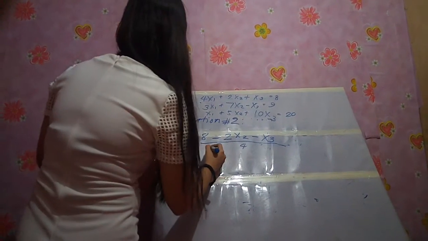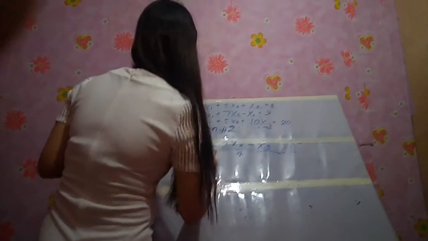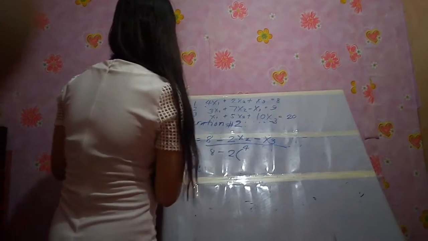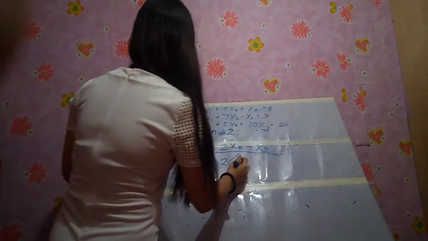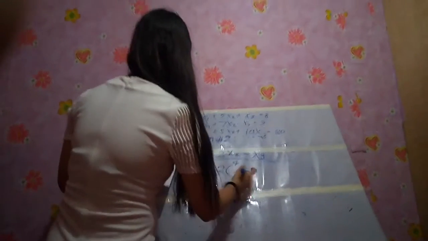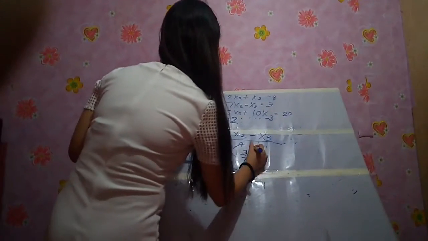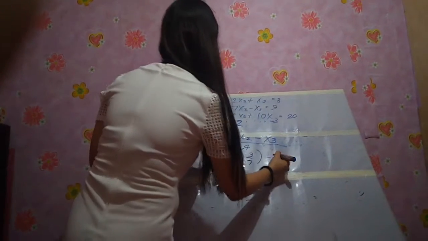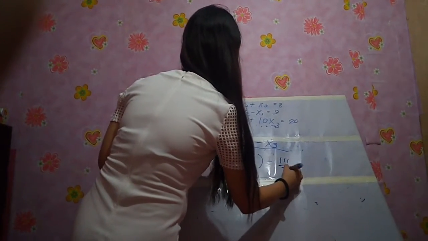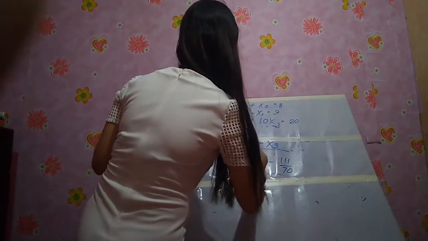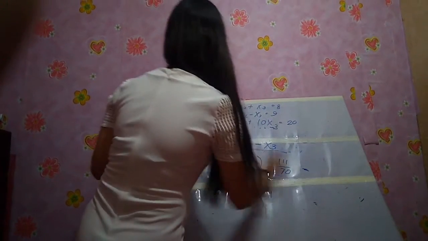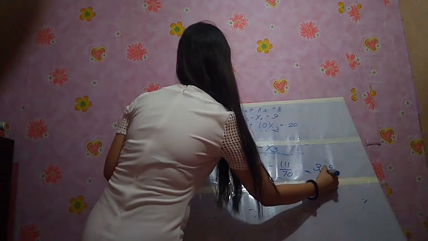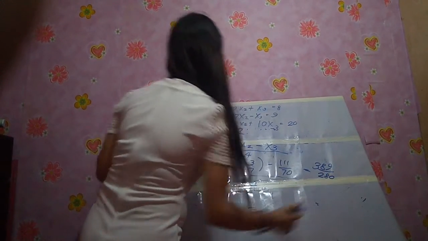So, x1 will be 8 minus 2 times our present value of x2, which is 3 over 7, minus our present value of x3, which is 111 over 70, all over 4, which gives us 389 all over 280.